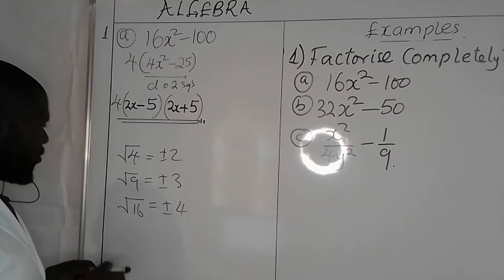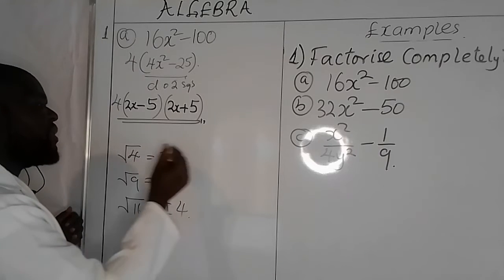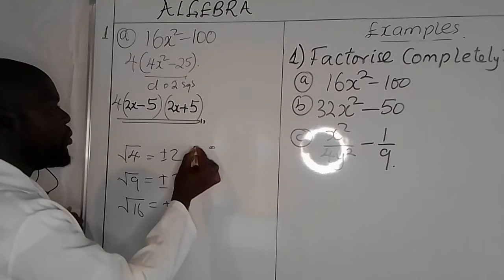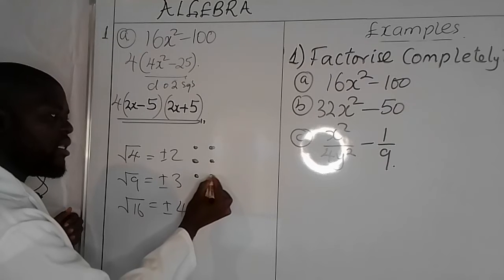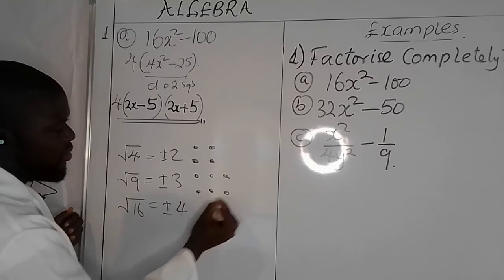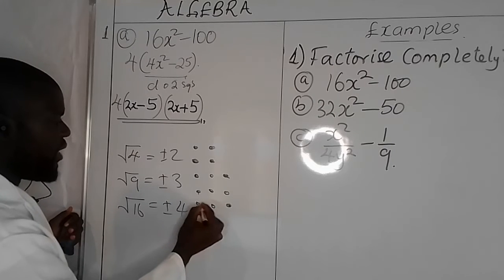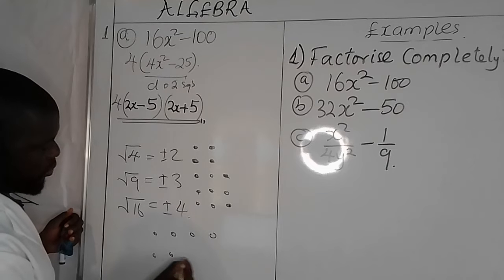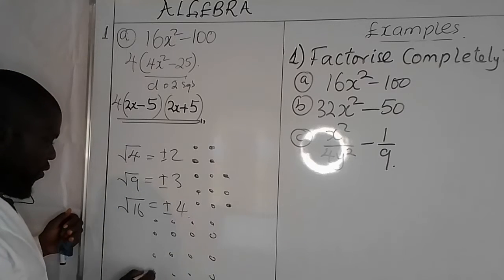Now, you can also look at the structure of a perfect square. 4 is a perfect square. Its structure is 2 by 2. This is a square. 9 is a perfect square. Its structure is 3 by 3. This is a square. 16 is 4 by 4.